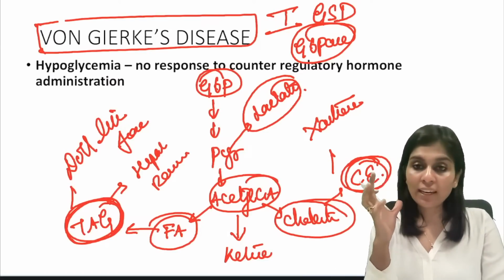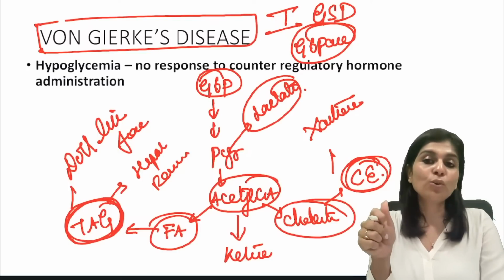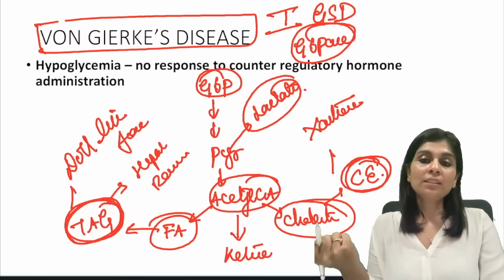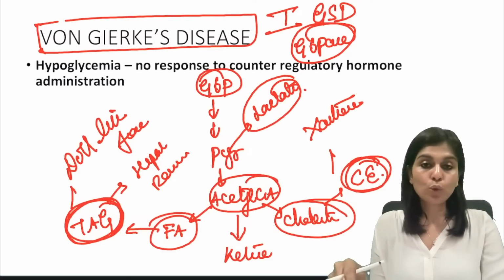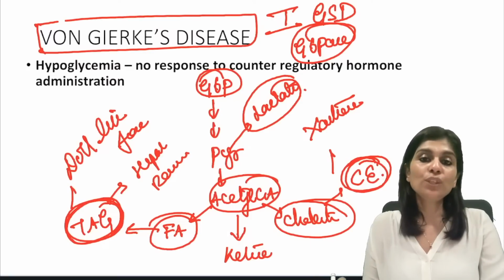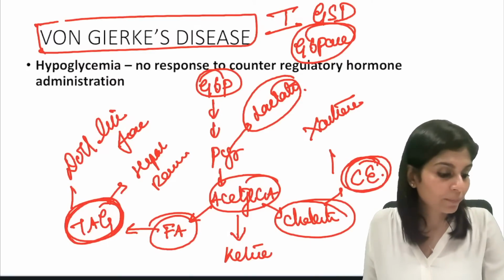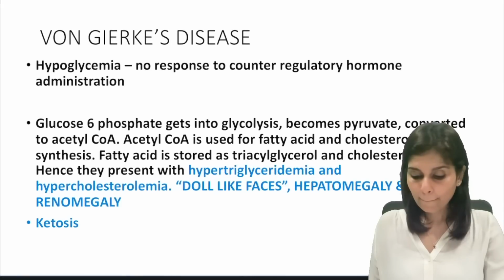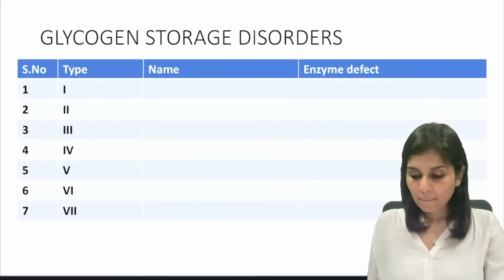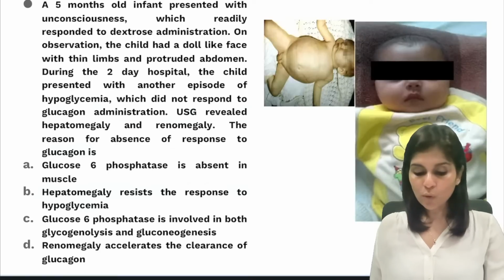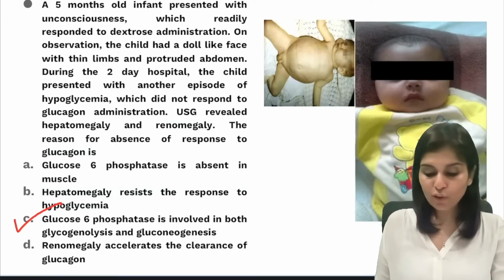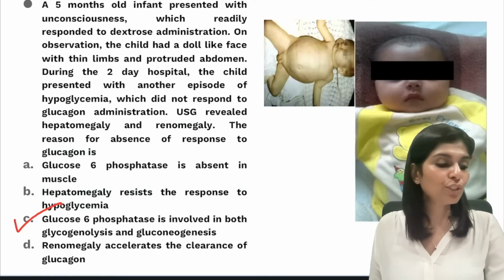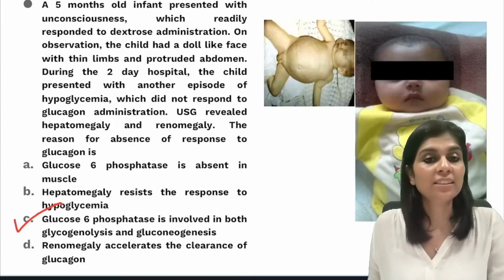Hypertriglyceridemia causes doll-like faces, hepatomegaly and renomegaly. Hypercholesterolemia causes xanthoma. There is ketosis and lactic acidosis. So what is the right answer here? Glucose 6-phosphatase is involved in both glycogenolysis and gluconeogenesis.